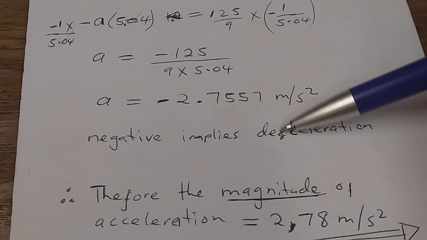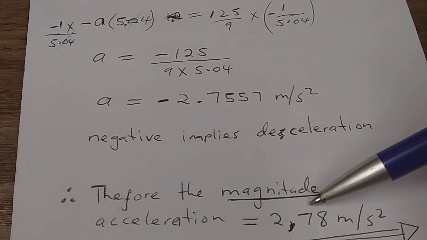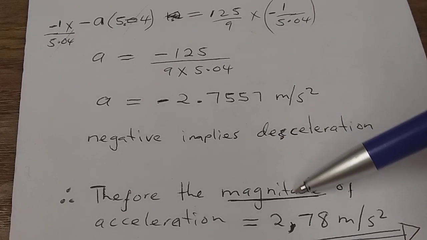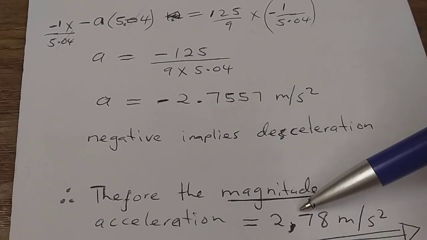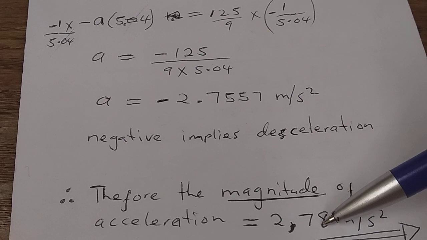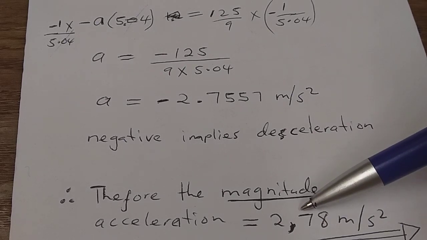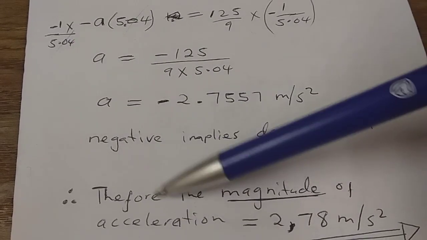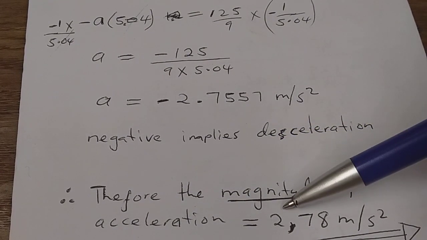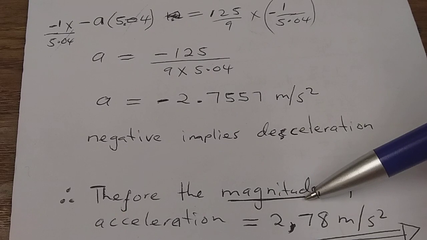So you can also round it off maybe to 2 decimals, or you can round it off maybe to 1 decimal. You choose which one you want. If you round off to 2 decimals, then it has to be 2.78. If you want to round it off to 1 decimal, it's going to be 2.8. So it depends on the rounding off which you want.